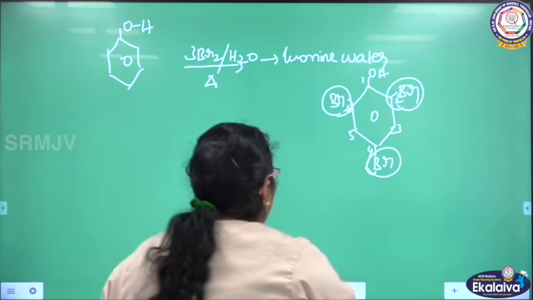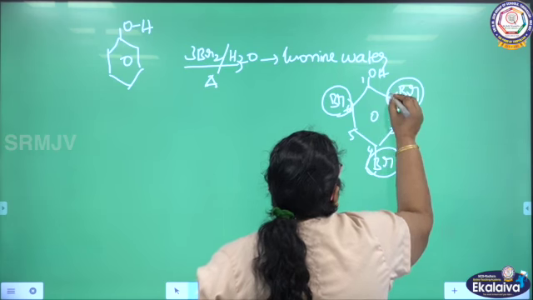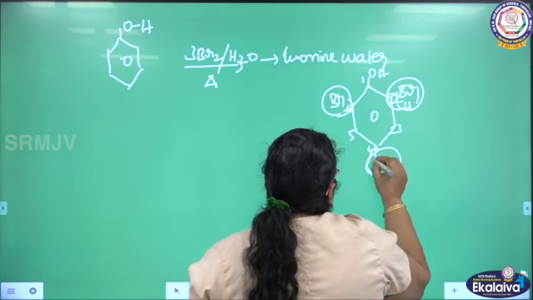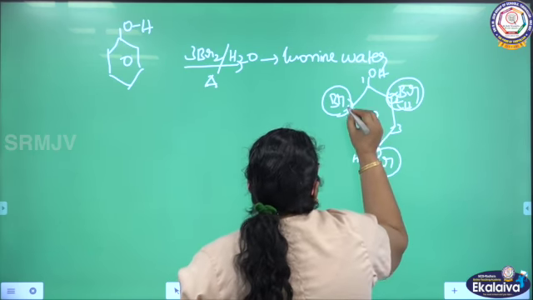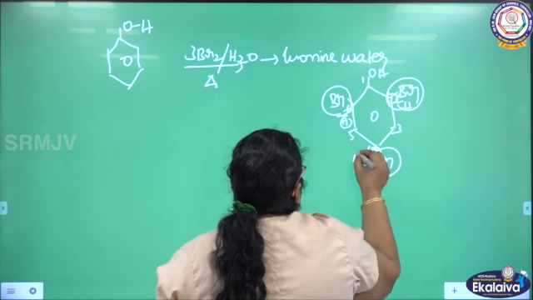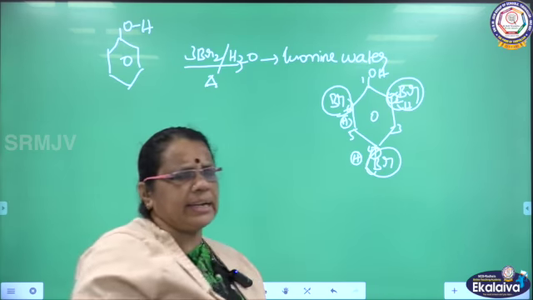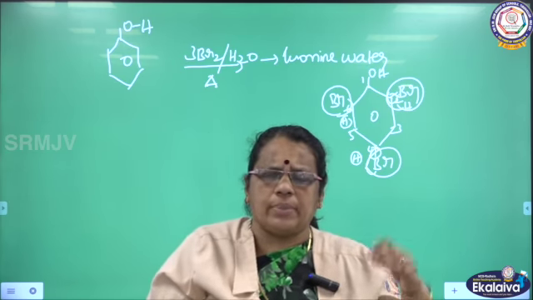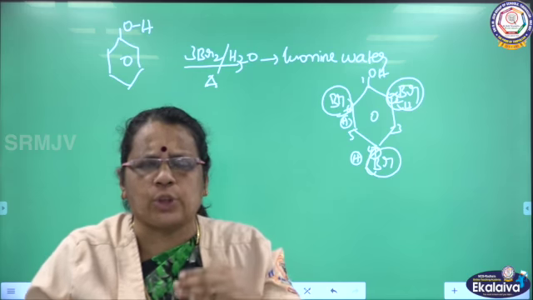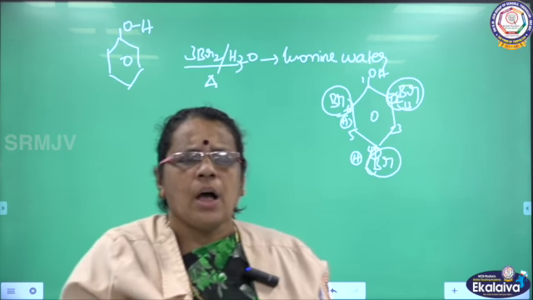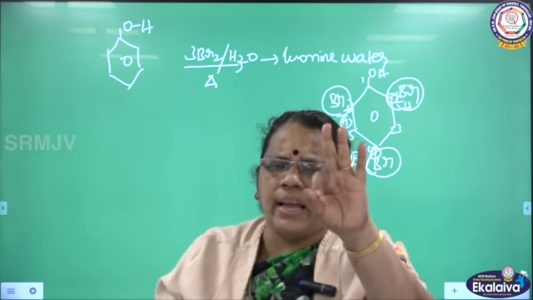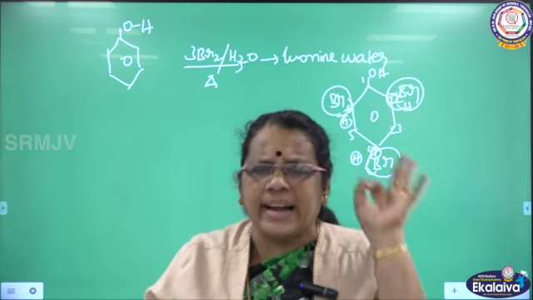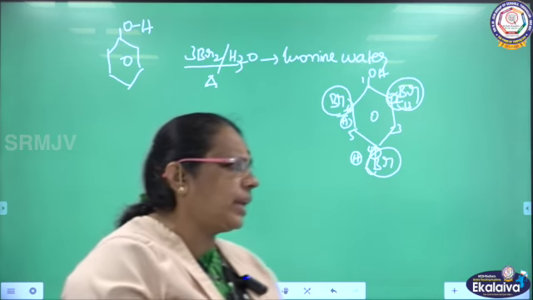So definitely I am going to remove 1 hydrogen from here. Here also 1 hydrogen is removed. And here also 1 hydrogen is removed. So all the 3 hydrogen atoms are removed from the second carbon, fourth carbon and sixth carbon. How many hydrogen atoms are removed? 3 hydrogen atoms are removed and 3 bromine atoms are substituted.